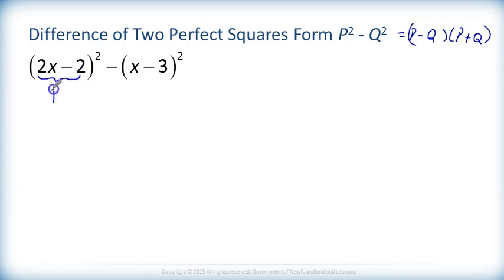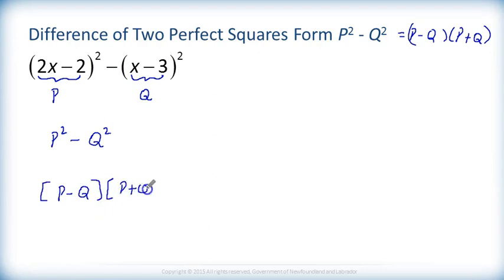We have 2x minus 2, which I'll represent with a p, and x minus 3, which I'll represent with a q. So we need those two substitutions because the expressions are different. I rewrite as p squared minus q squared. I can factor that as a difference of two perfect squares, p minus q, p plus q.